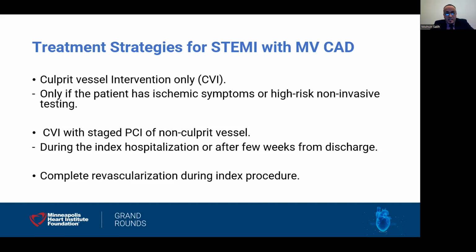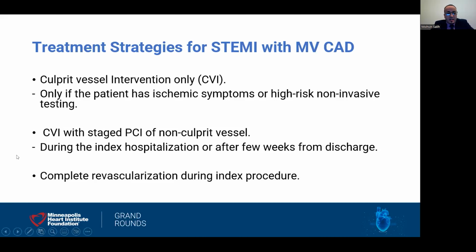We do this if we consider the multivessel disease stable, if the patient presents late, or if he has high-risk non-invasive testing.